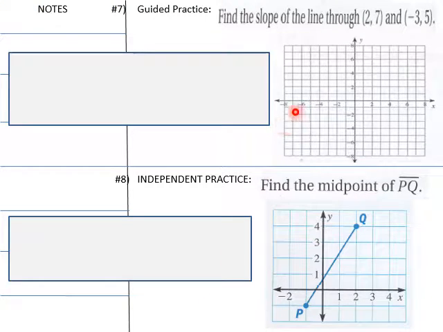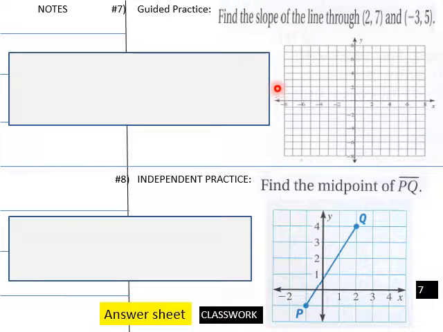Let's get into another example. Find the slope of the line through 2, 7 and negative 3, 5. Students, this is yours down here. I'll let you do that on your own after we do this one up here.